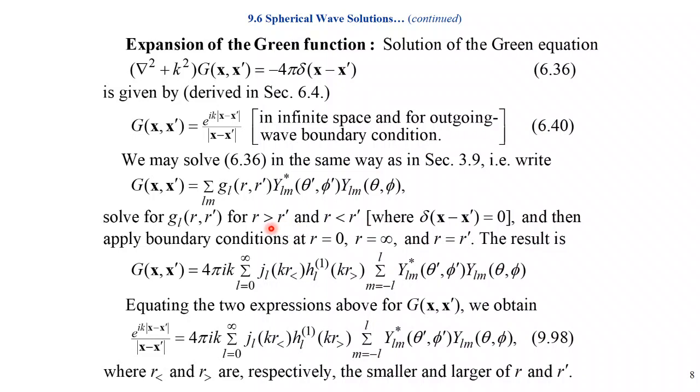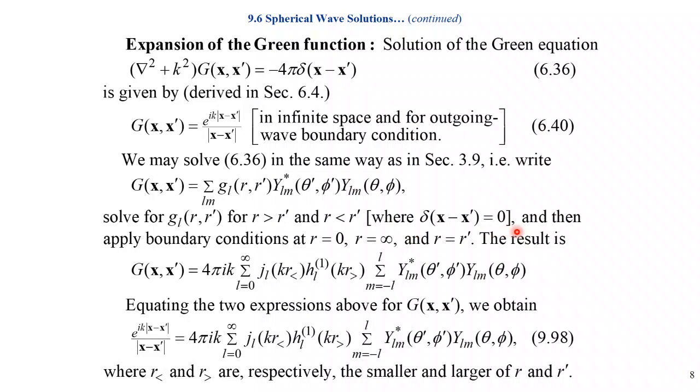Because that means the source term S does not equal S prime, right? r is greater than r prime, or r is smaller than r prime, so this term is not 0. Therefore, the delta function gives us 0. Because if the argument is 0, we will have an infinite value, but otherwise it is just 0. Okay?